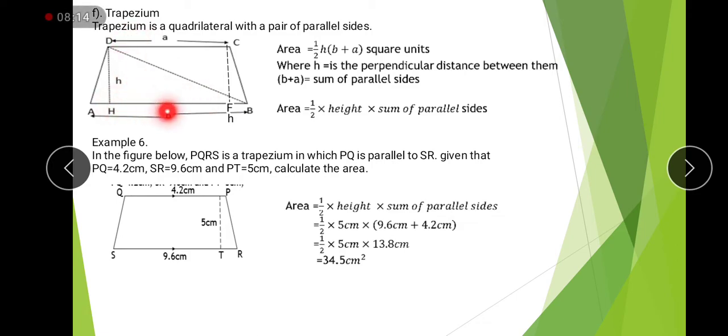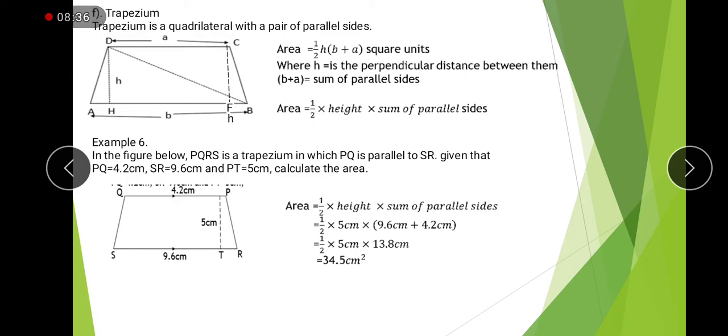You see AB is parallel to DC. But when we look at BC and AD, they are not parallel. That's what we call trapezium.